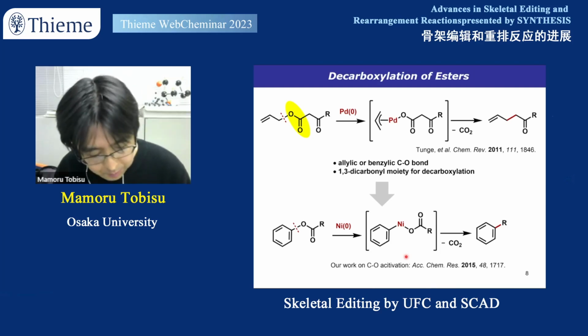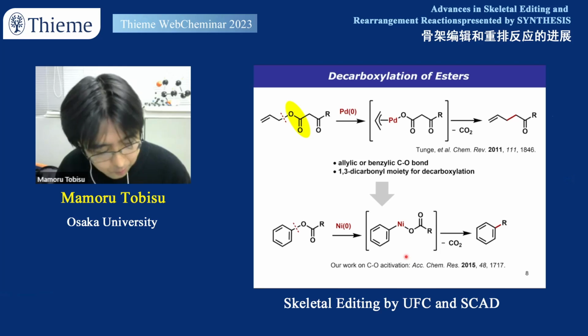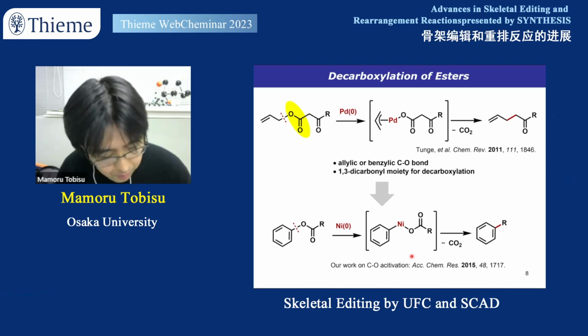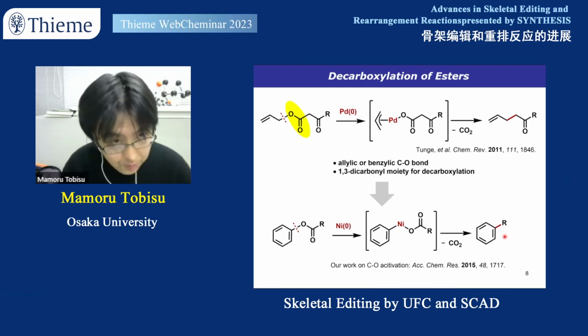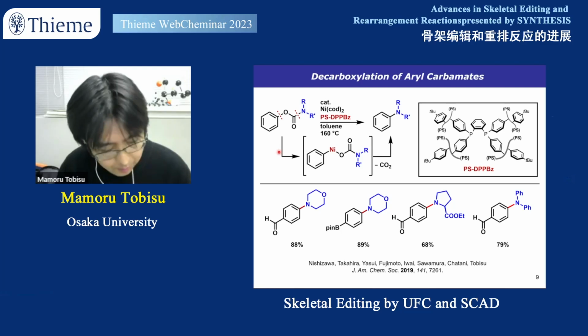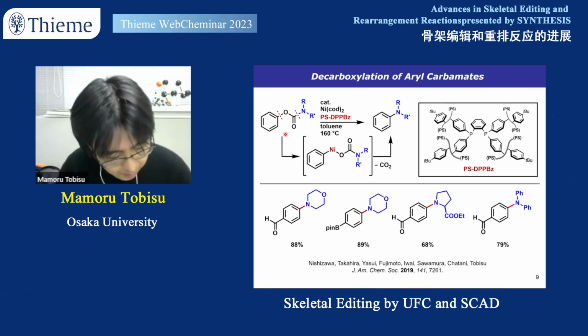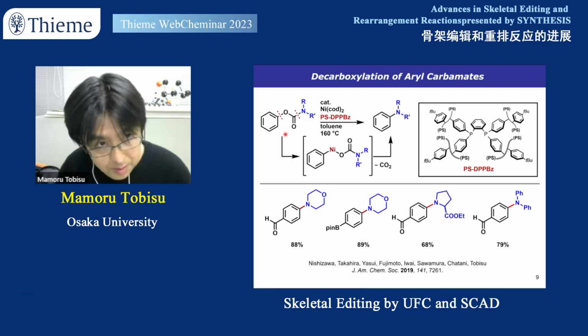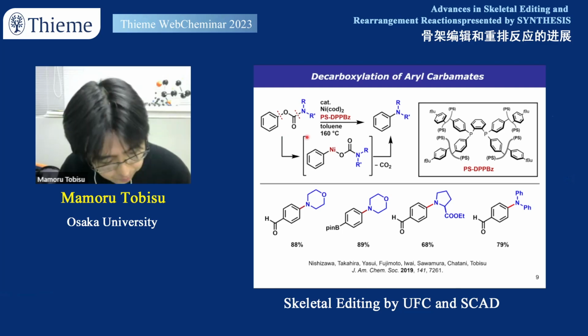Our hypothesis was in fact realized when the substituent here is an amino group. So this is the reaction that we have developed. Simply heating this aromatic carbamate in the presence of a nickel catalyst at 160 degrees led to the formation of the aniline derivatives by decarboxylation.